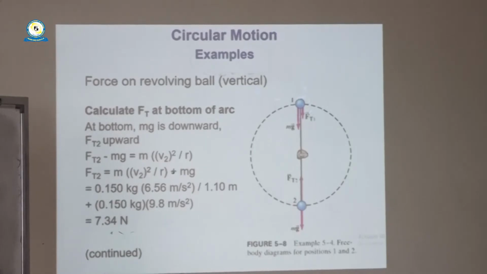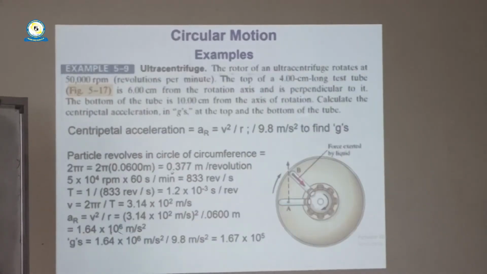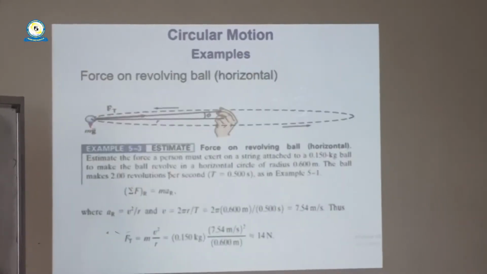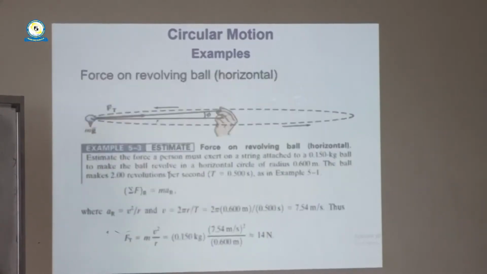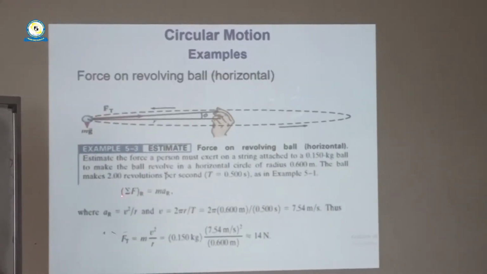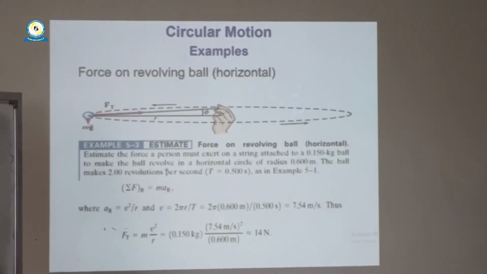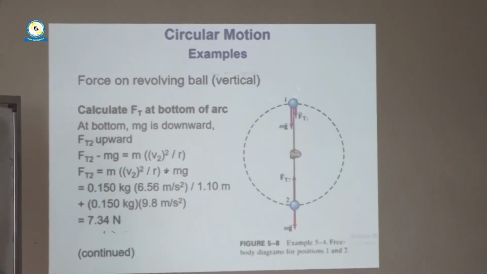Mg down. So summation of forces is equal to ma. We use this formula because we have several forces there.